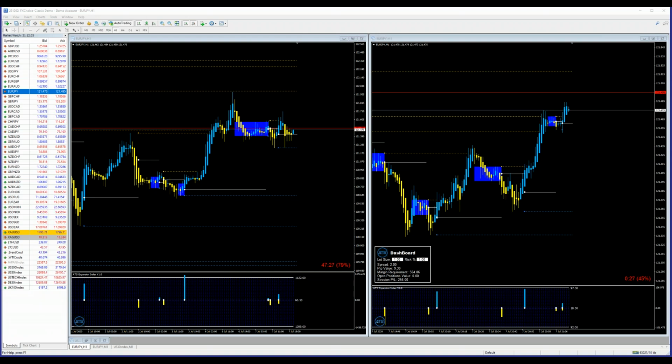So if you haven't gotten any alerts, it's because it's waiting for the color change on the weekly to happen, which, again, that's the beauty of the weekly, it doesn't change directions all that often. But if you're waiting for a grade A trade, you could be weeks out until you get a new color change.